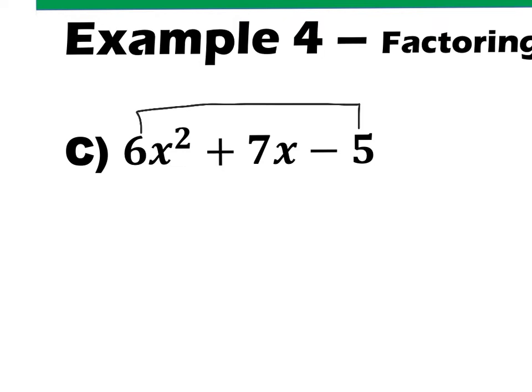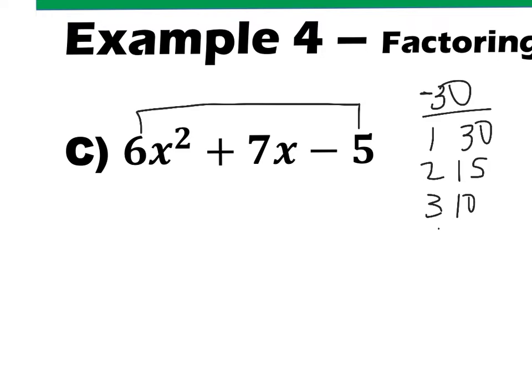Multiply A and C. What's 6 times negative 5? Negative 30. Write your factors of 30. 1 and 30, 2 and 15, 3 and 10, 5 and 6.